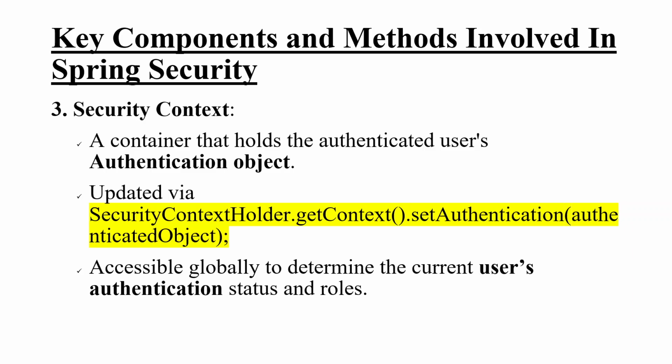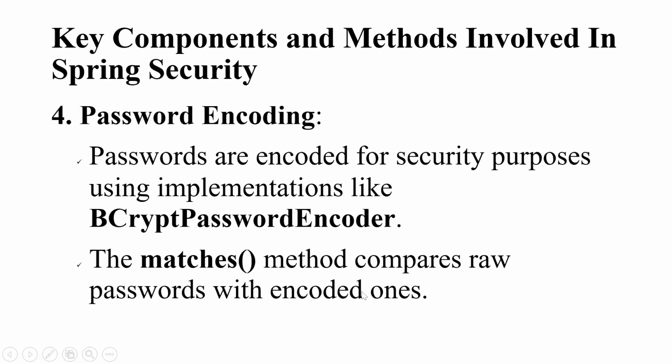So you call this method to update the security context: SecurityContextHolder.getContext().setAuthentication(authentication object). In this case, we are going to see how things are implemented practically. This is accessible globally to determine the current user's authentication status and roles.